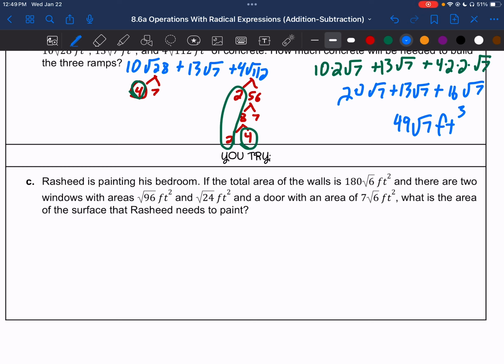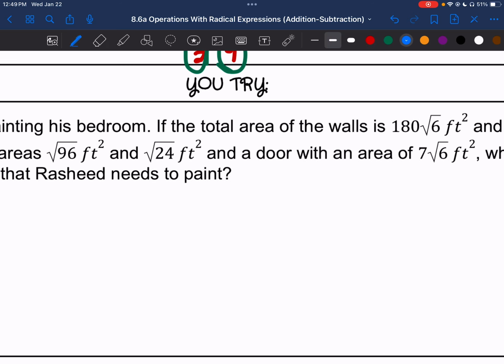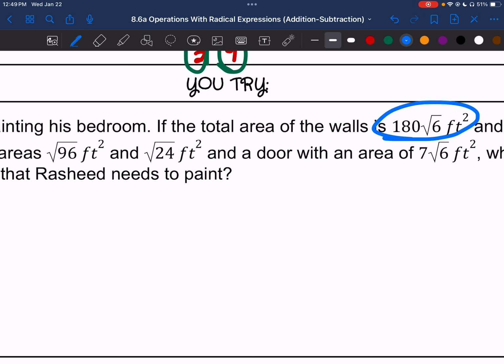All right, so if we go ahead and figure this out, the total area is 180 root 6 square feet. So that is going to be what we're starting with. And then we are going to be subtracting the areas of the 2 windows, right? Because you don't want to paint over your windows.